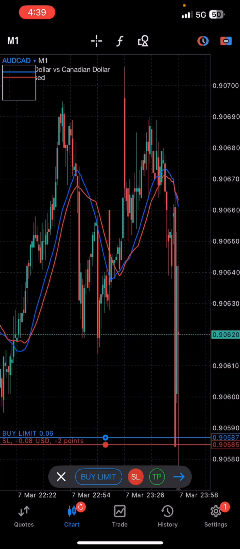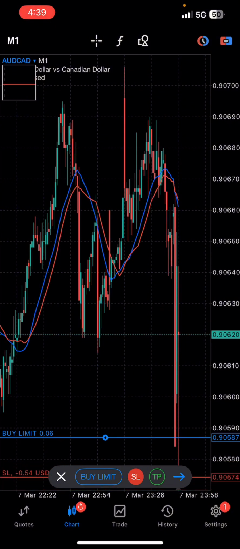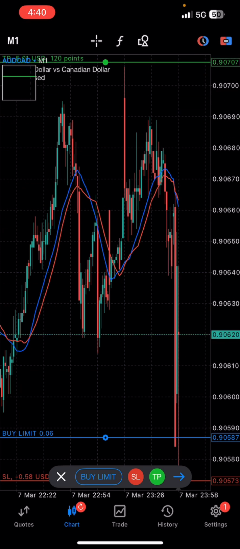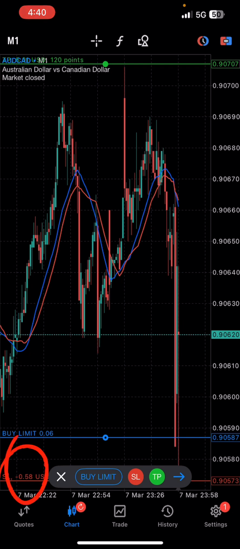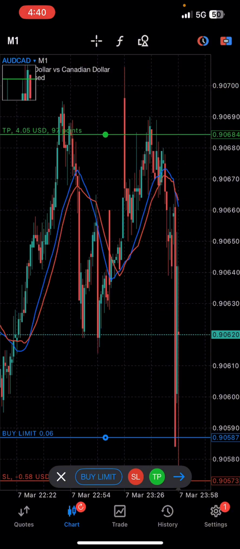Your stop loss is where you are giving the market permission to take you out in loss, and then your TP is called take profit, where you're giving the market permission to take you out in profit. So if you want to know how much you'll be risking or losing in the trade, if you can see this minus 0.58, that's how much you lose, like 58 cents if this trade did not go in your favor. And then TP is like profit, how much you make if the trade goes in your favor.